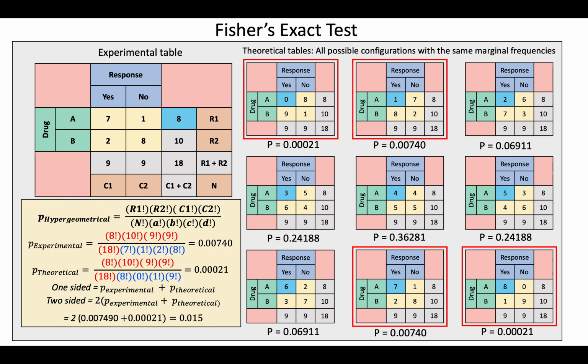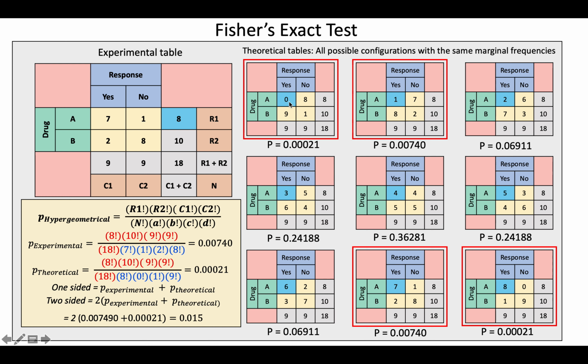And then the calculation comes from these theoretical tables. So you can see here the experimental tables, but you can also construct a theoretical table based on the possible values that the A cell can take. So if A plus B is 8, which is here, that means that the values that the A cell can take are only these 9 values: 0, 1, 2, 3, 4, 5, 6, 7, or 8. There's no more possibilities.